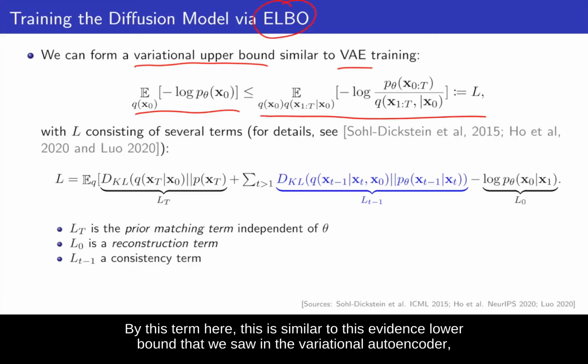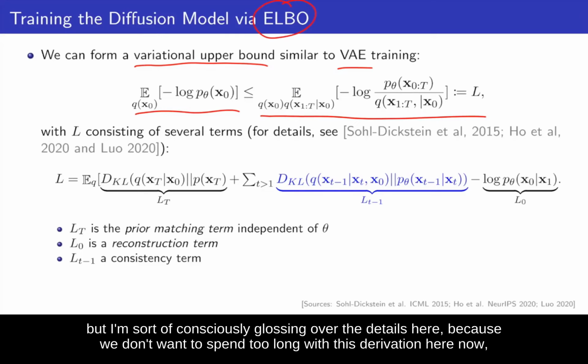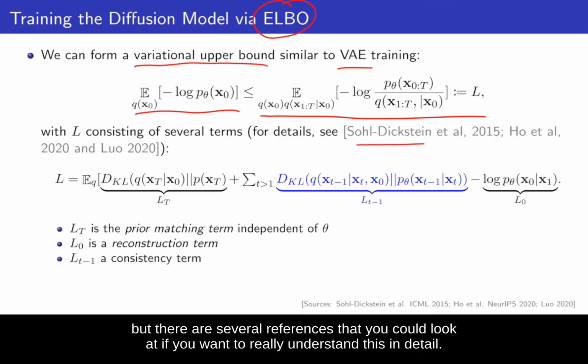This is similar to the evidence lower bound that we saw in the variational autoencoder, but I'm consciously glossing over the details here because we don't want to spend too long on this derivation, but there are several references that you could look at if you want to really understand this in detail.